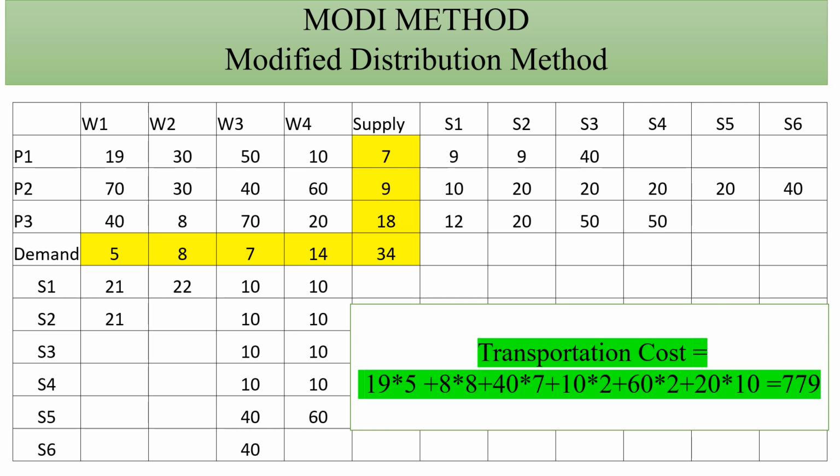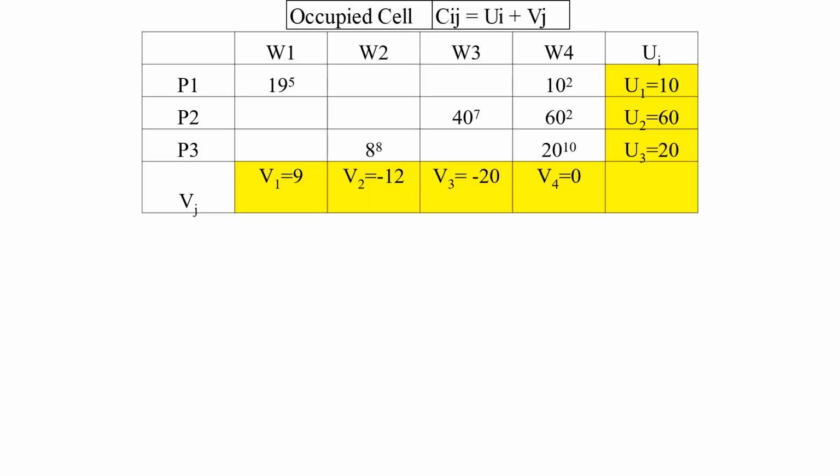Suppose anyone says that the transportation cost is 779, then the next question will come: whether it can be minimized further, whether it is the optimized one. Then you have to test it through the different procedures of the MODI method, or modified distribution method. In this method, you have to find the occupied cells.